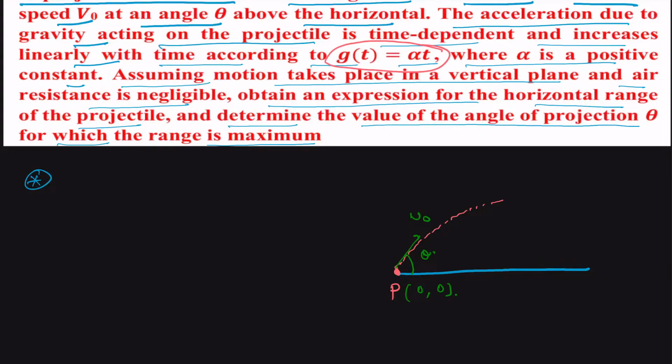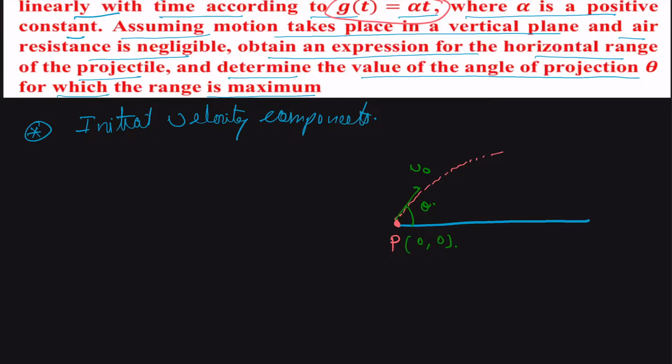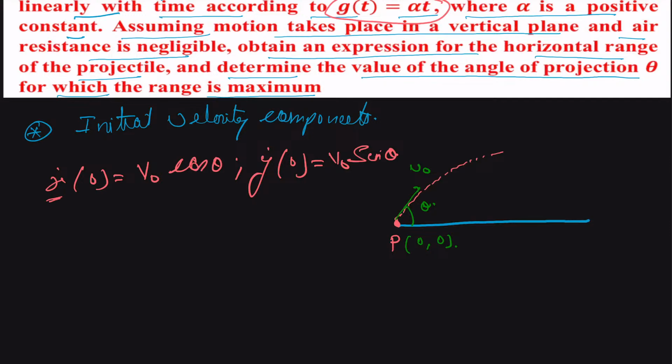So the initial velocity components: the x component will be equal to v0 cos theta, and the y component is equal to v0 sin theta. So we have taken the first derivative of the horizontal distance x, and the first derivative of y, the vertical distance, that is going to give us the velocities.